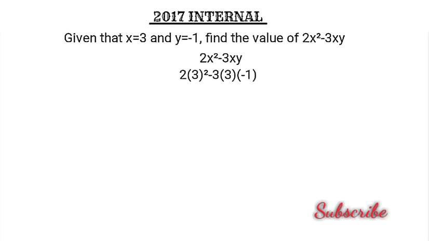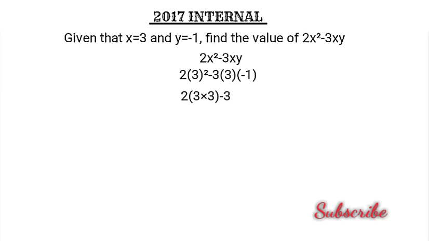Once we have done that, we are now going to work this out. So we're going to write 2, then expand 3 raised to the power 2, which is 3 by 3, then minus 3 multiplied by 3 multiplied by -1, which will give us -3.